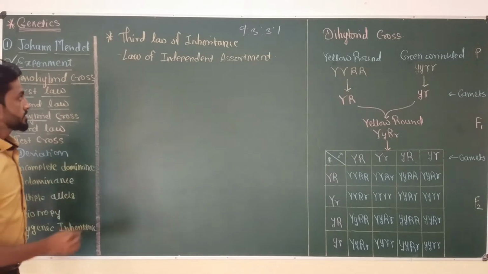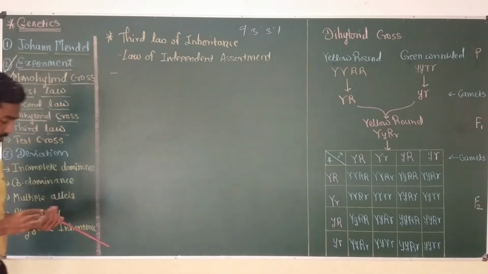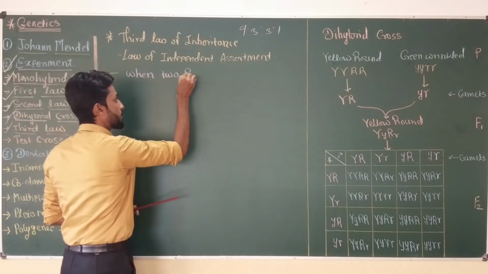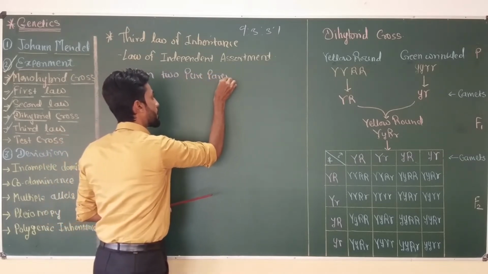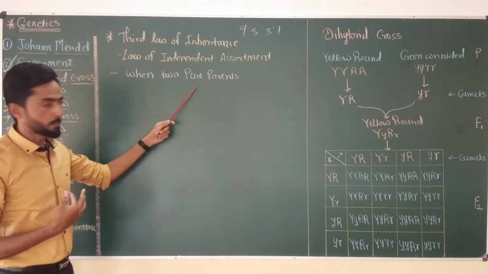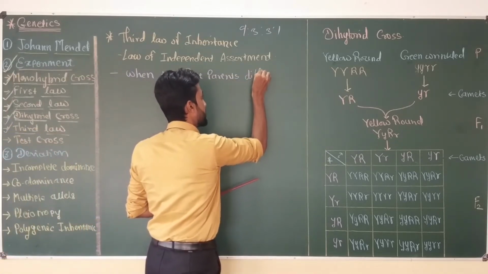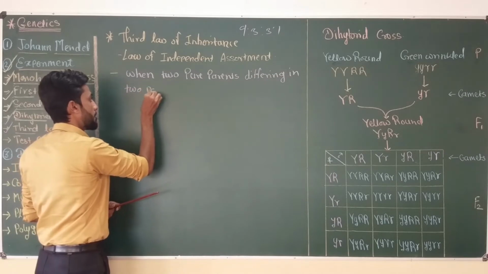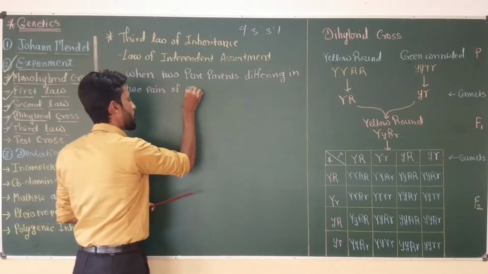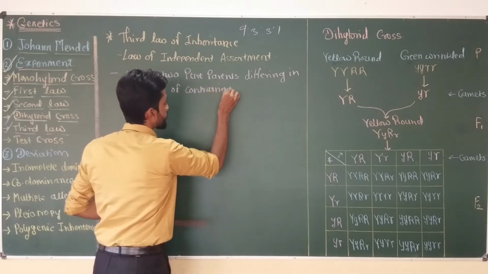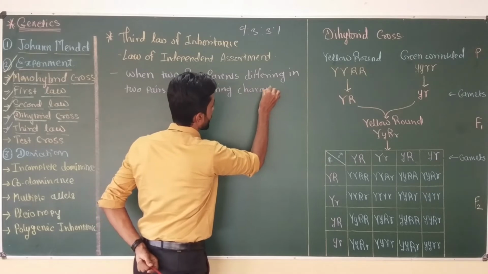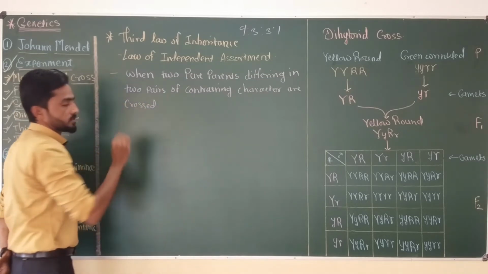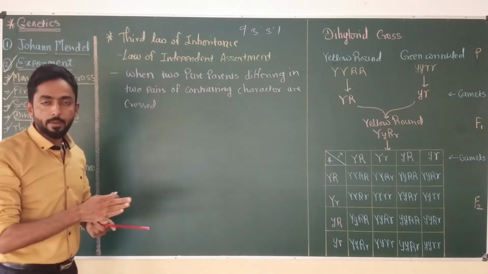If we consider the definition of this law, it states that when two pure parents, pure means two homozygous parents, differing in two pairs of contrasting characters are crossed, the inheritance pattern of one pair is independent of the other pair.